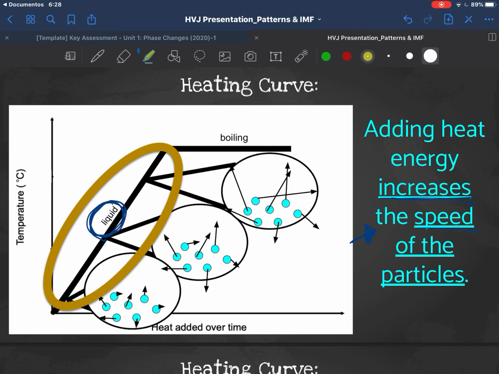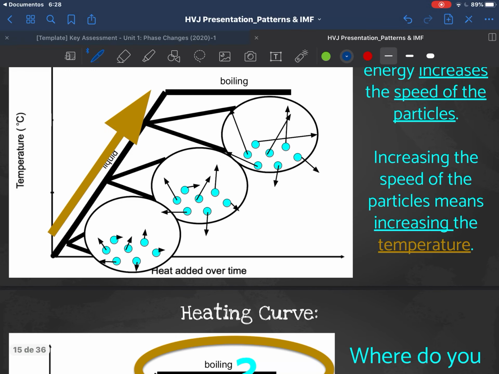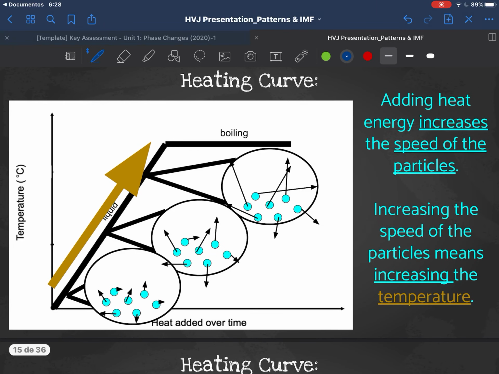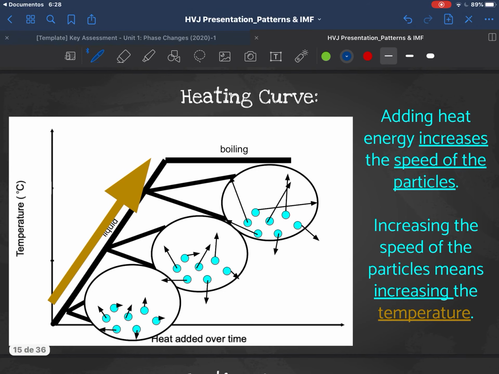What's happening in this one phase deals with speed of the particles. And because the particles are moving faster, the temperature increases. Temperature is actually a measure of how fast particles are moving. So faster particles, higher temperature. Adding heat energy increases the speed of the particles. Increasing the speed of the particles means increasing temperature.